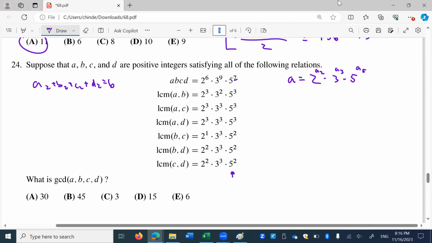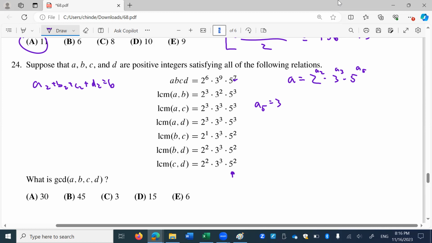And so 3 is the largest possible exponent, and it happens with all the LCMs with A. So I'm going to say that A5 has to be 3, right? Because among B, C, and D, the largest exponent is 2. And actually, if I have any pair of B, C, and D, at least one of them has exponent 2.